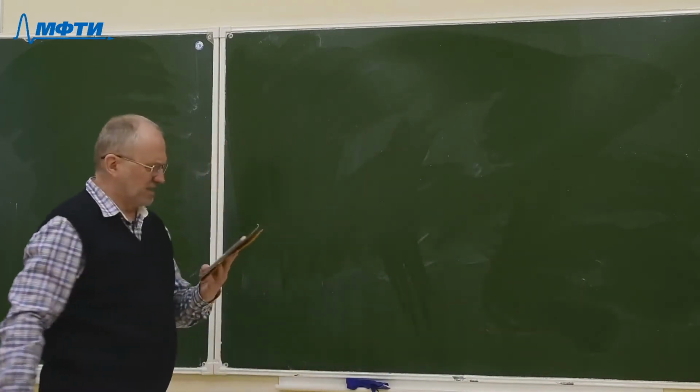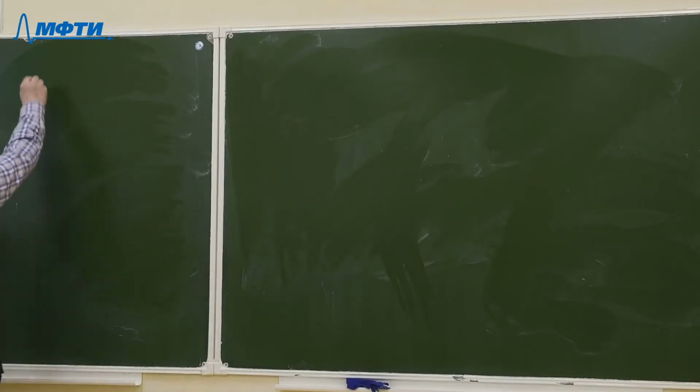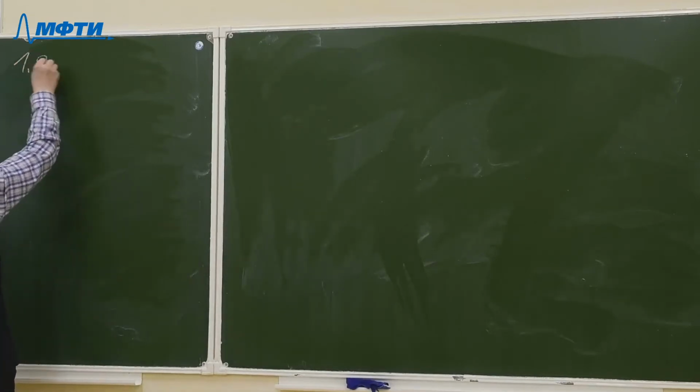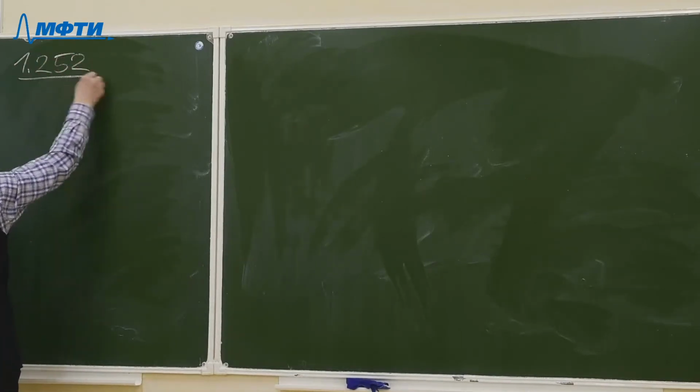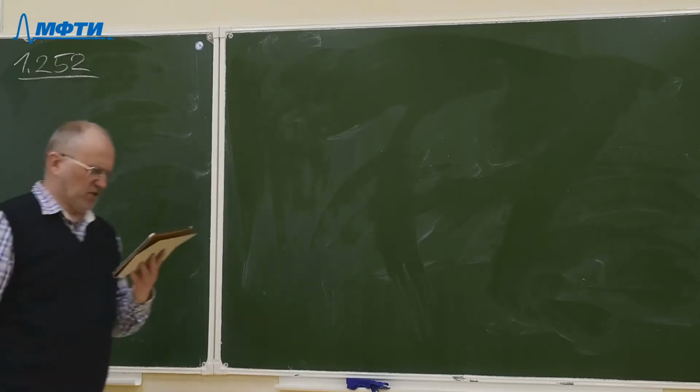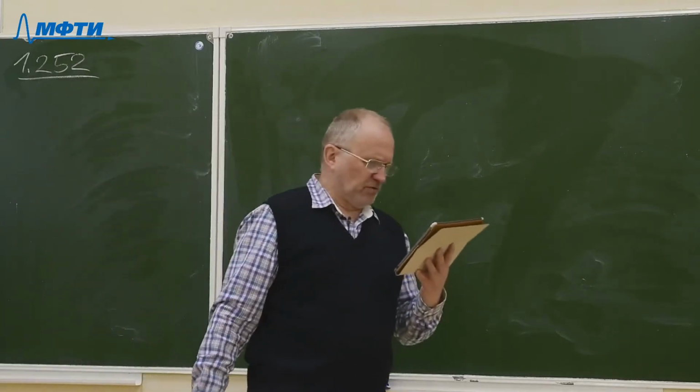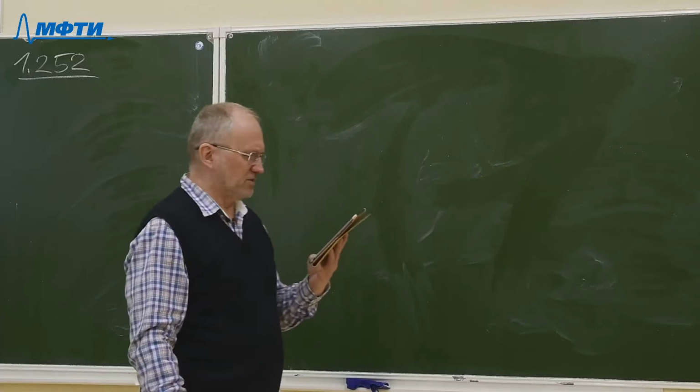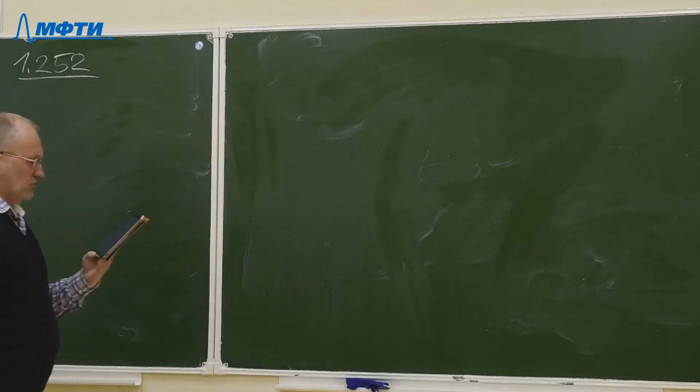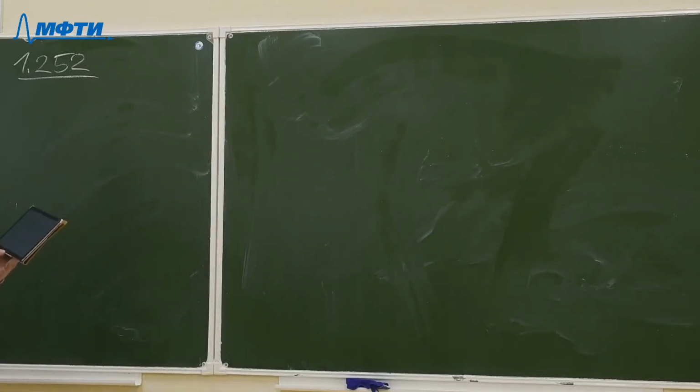I would like to consider problem 1252 from Irodov, that is from your home assignment. A uniform sphere of mass m and radius r rolls without slipping down an inclined plane set at an angle alpha to the horizontal.